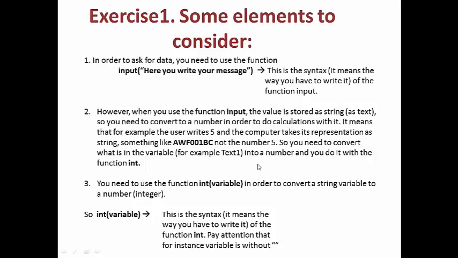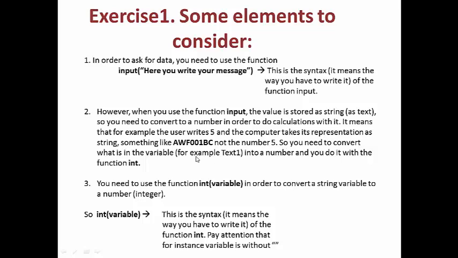What does it mean? It means that, for example, the user writes 5, but the computer is going to take the representation of 5 as a string. Python is not going to take the number 5. Why? Because that happens with the command input in Python. It's like a, I don't know, like a little problem.